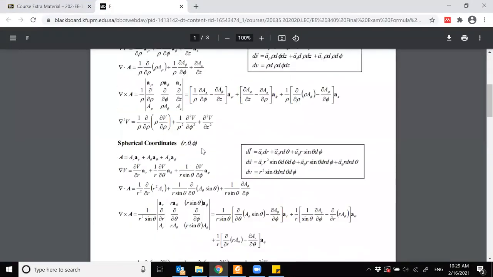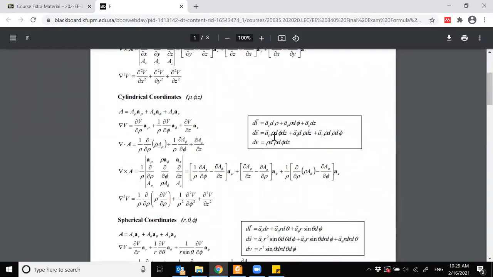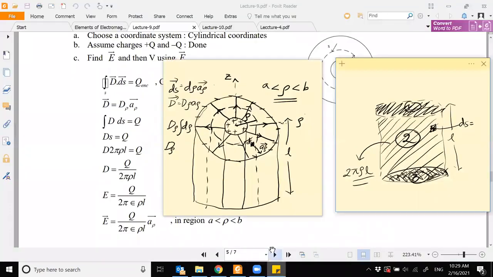So it is rho d phi dz a rho. This is the correct one, so let me correct it: rho d phi dz a rho.